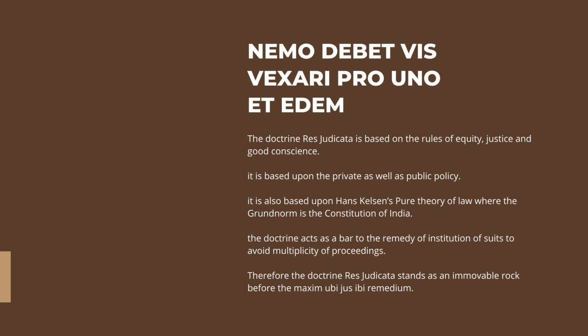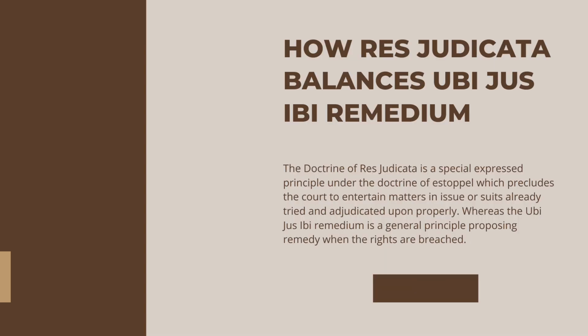Therefore, the doctrine of res judicata stands as an immovable rock before the maxim ubi jus ibi remedium. So, up till now, it is very clear and understandable how res judicata acts as an immovable rock before ubi jus ibi remedium. That is how Section 11 acts as an immovable rock before Section 9.